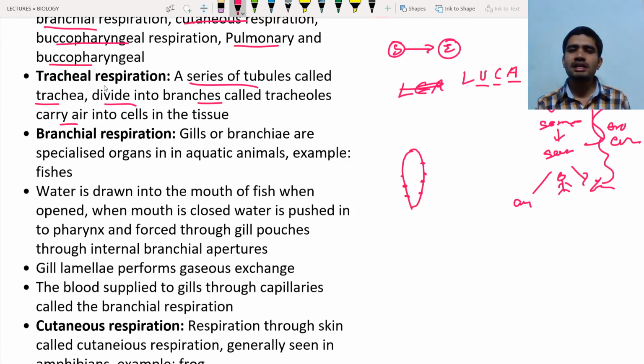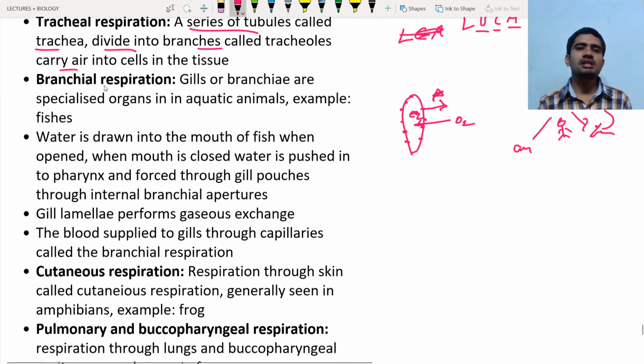These are going to exchange the air, meaning carbon dioxide will be sent into the environment and oxygen will be taken into the body. Such respiration is known as tracheal respiration. They carry such gases to the tissues, and hence the cockroach survives by this process known as tracheal respiration.